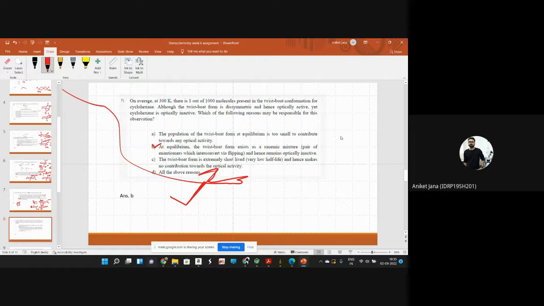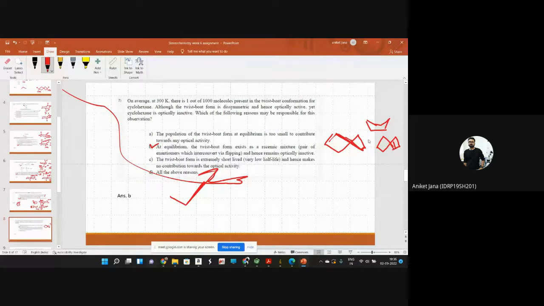As the twist-boat form is a chiral one, and as you know, the inversion of cyclohexane passes through this structure, like twist-boat, then boat, then another twist-boat structure. But as we know, these two twist-boats are mirror images of each other.